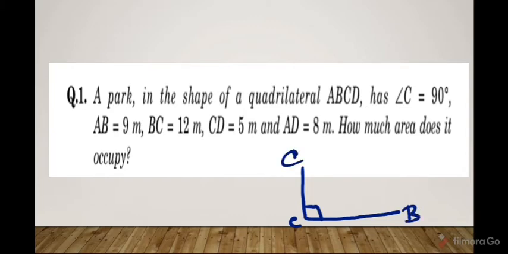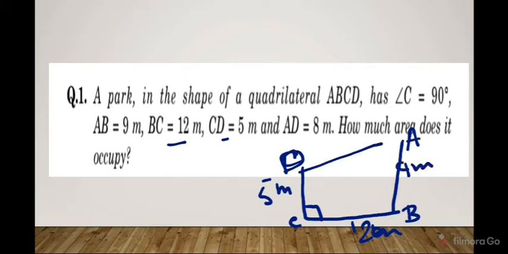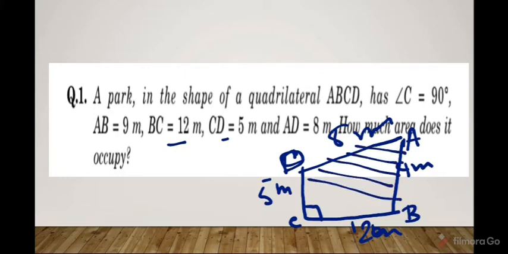Because BC is more than CD, and this one is D. So BC is equal to 12 meter and CD is equal to 5 meter. AB is given as 9 meter, and the remaining AD is equal to 8 meter. Now, how much area does it occupy? You have to find the whole area of this field.